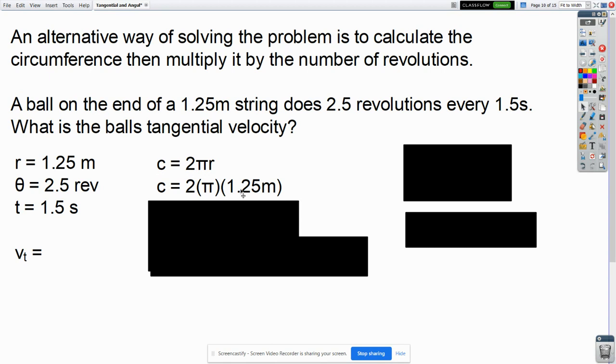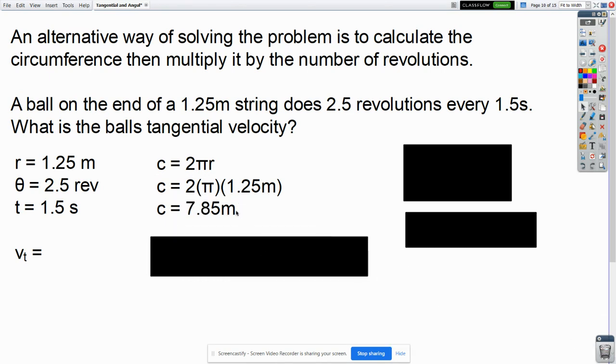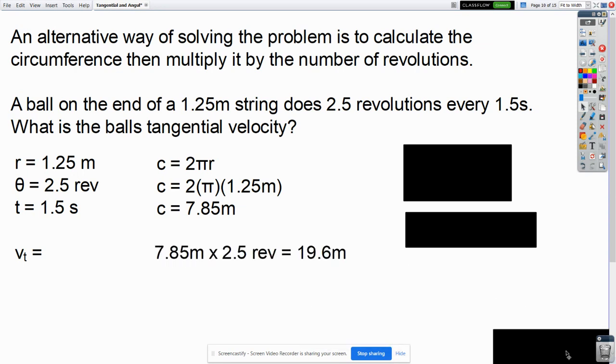So 2 times pi times 1.25 meters. The circumference of my circle is 7.85 meters in length. I do 2.5 revolutions, so I'll take the 7.85 meters times 2.5 revolutions. And that means my object has moved through a total distance of 19.6 meters.